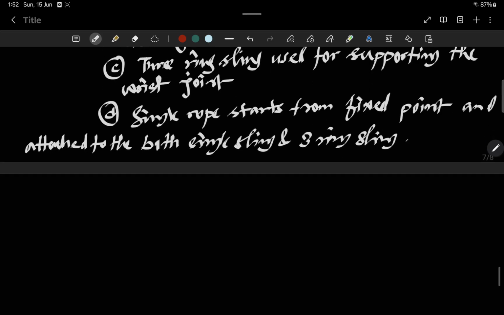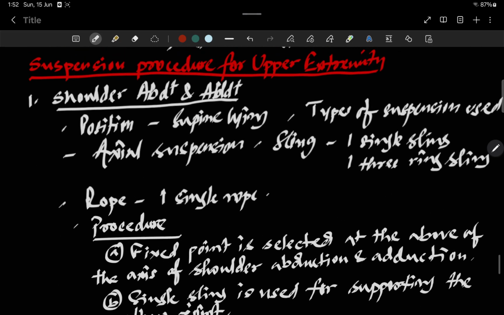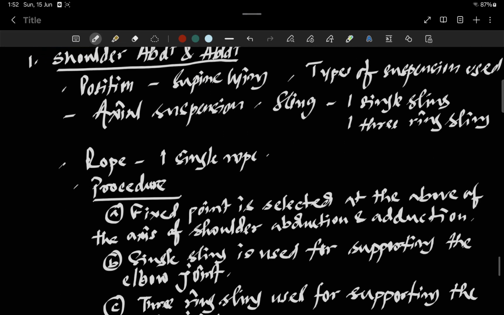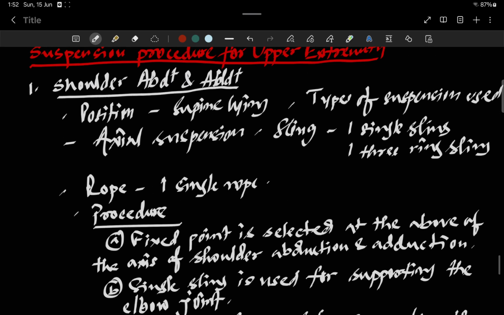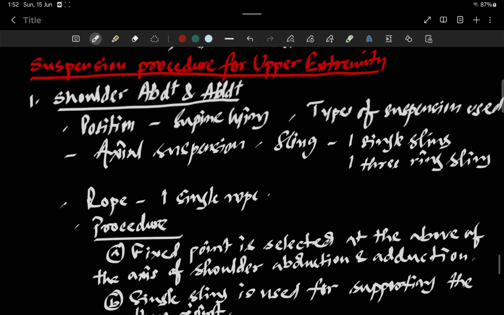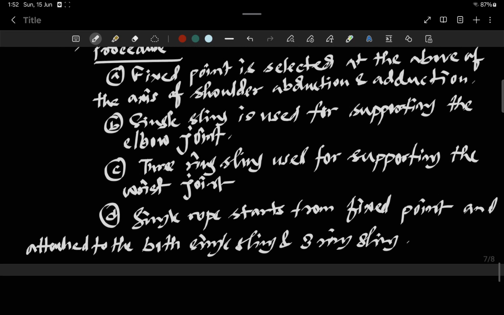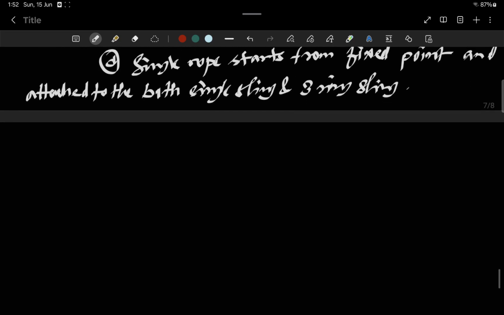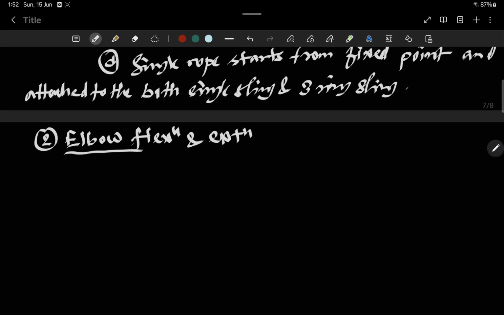Okay, next we will study the shoulder abduction adduction suspension procedure for the upper extremity. Now for elbow flexion and extension.